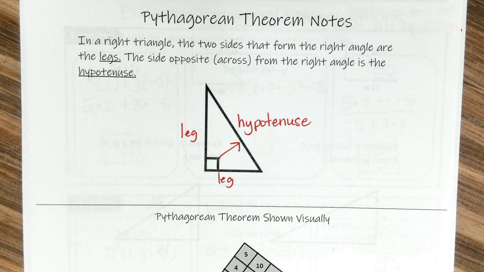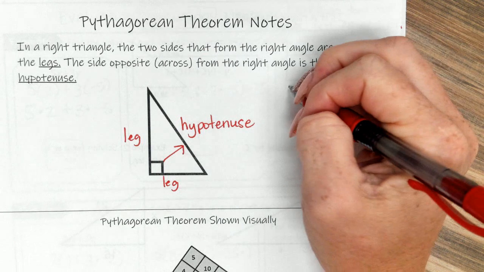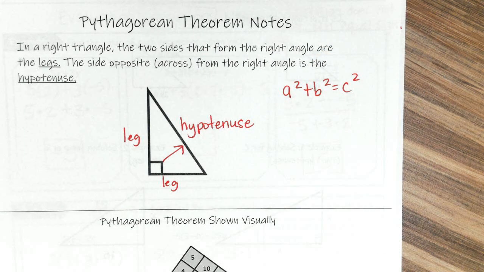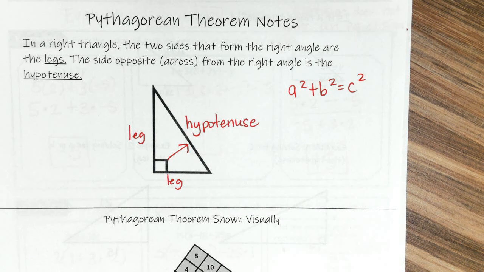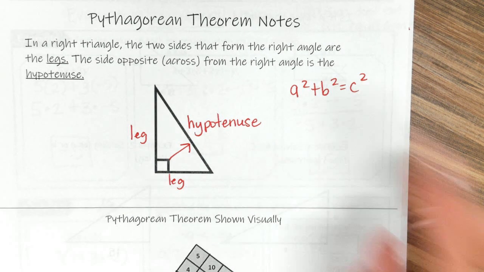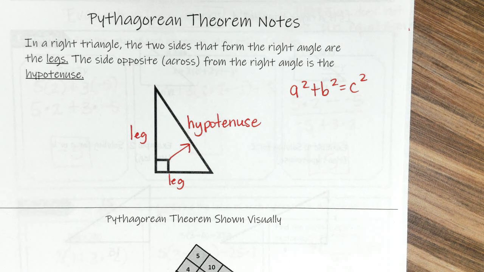The Pythagorean theorem is found on the 8th grade math star chart, and it says this: a squared plus b squared equals c squared. And that's what we're going to learn today. We're going to learn what each of these pieces represent and what they mean and how to use it.